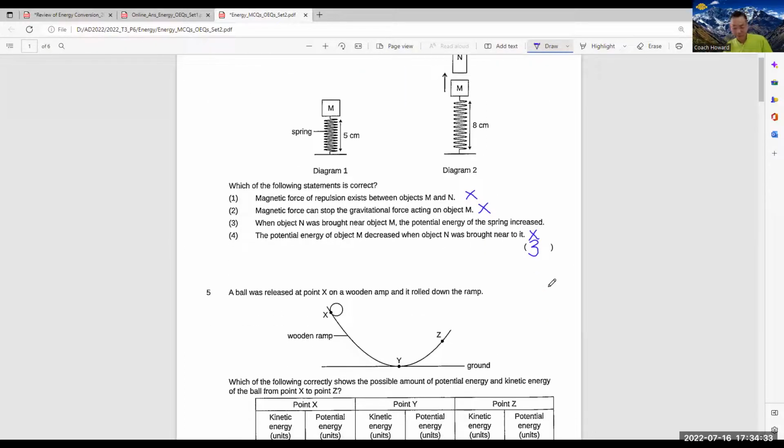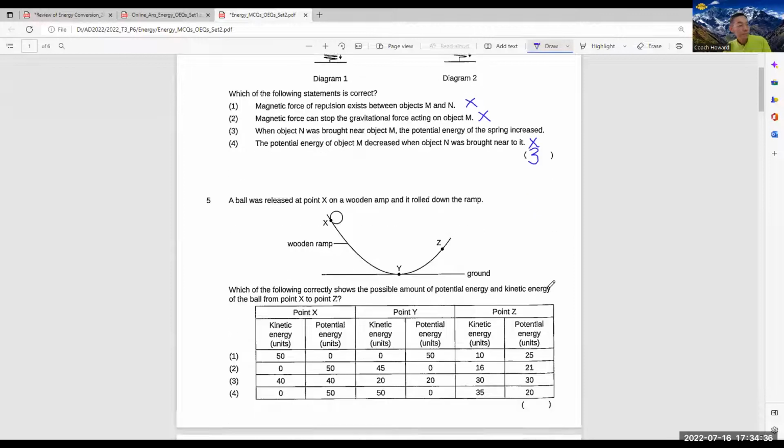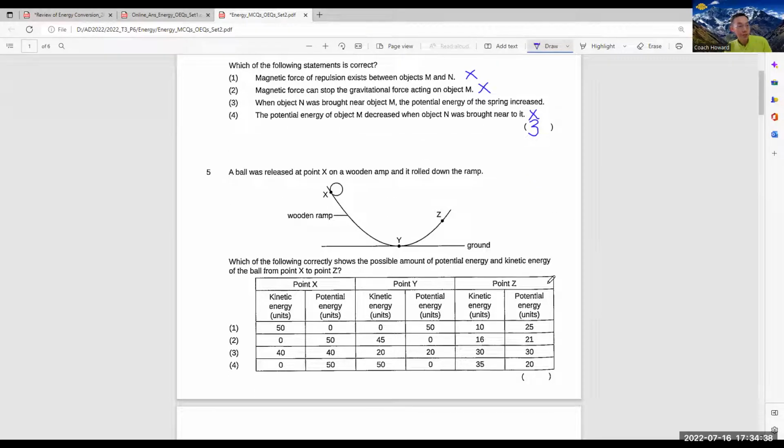Okay, next, number 5. We try to do this question because they are testing you, right? Which one shows the possible amount of potential energy and kinetic energy when the ball moves from X to Z? So you must be able to understand. At this position, the kinetic energy should be 0 because it's not moving.